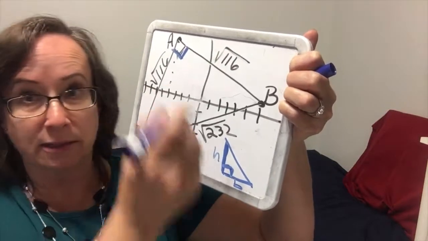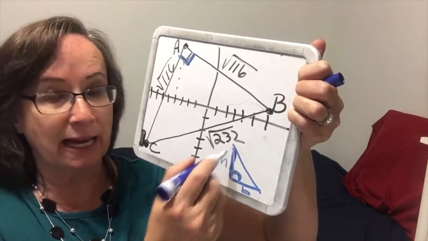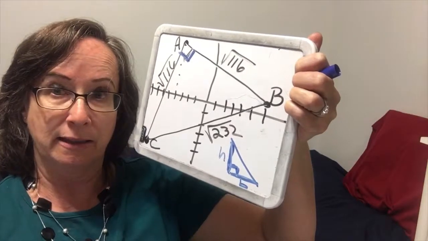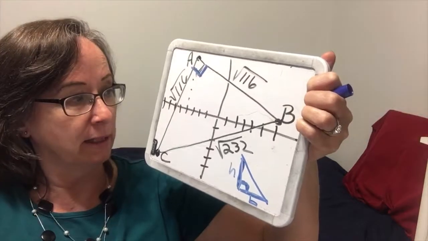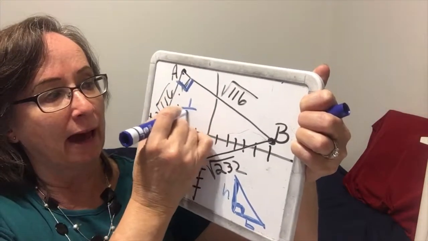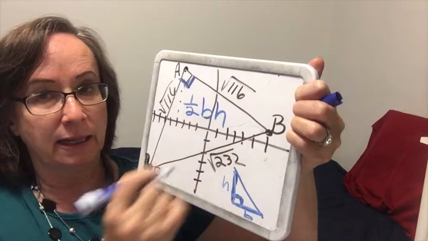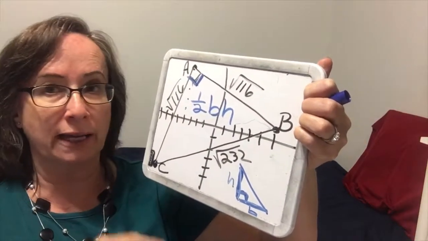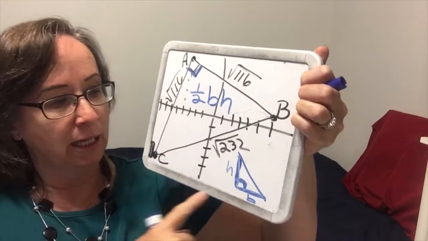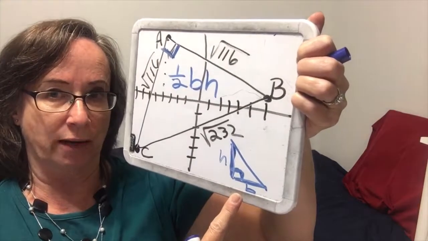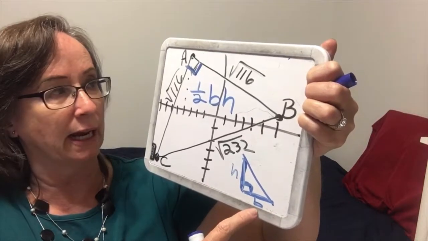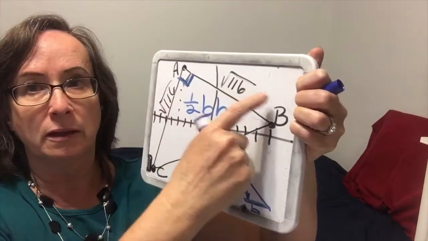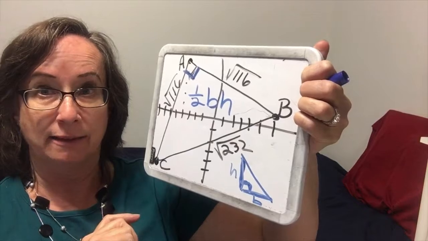Because I have a right triangle, it's going straight up. So I'm going to remember that my formula is 1/2 base times height, and I'm going to turn the triangle around in my brain. I'm going to use the two sides that are touching the right angle, and they are both square root of 116. So let's do that on another board.